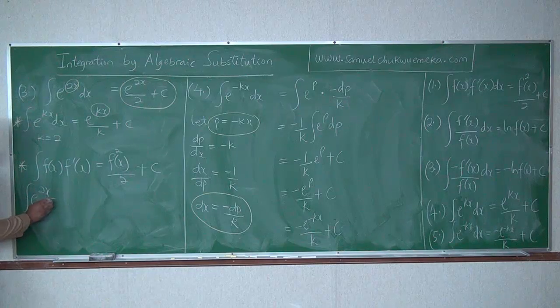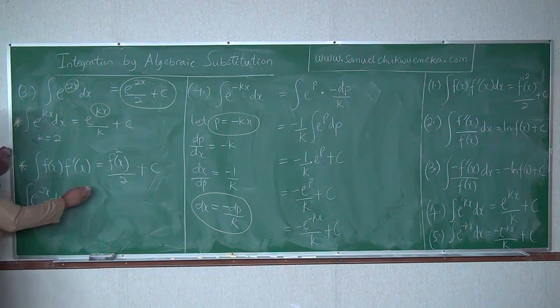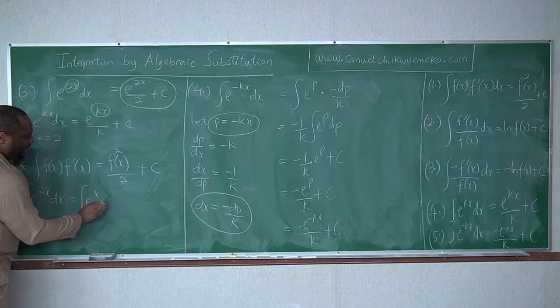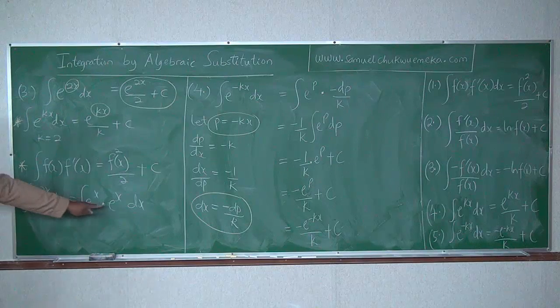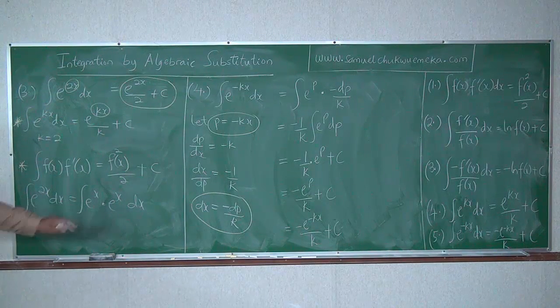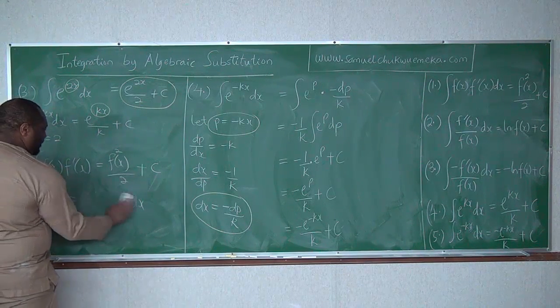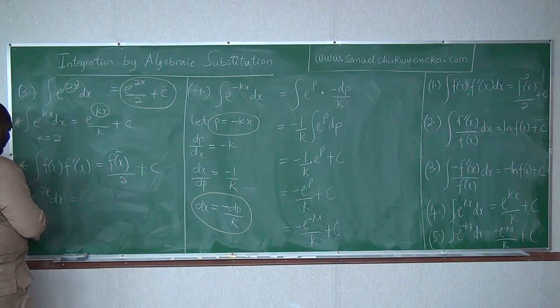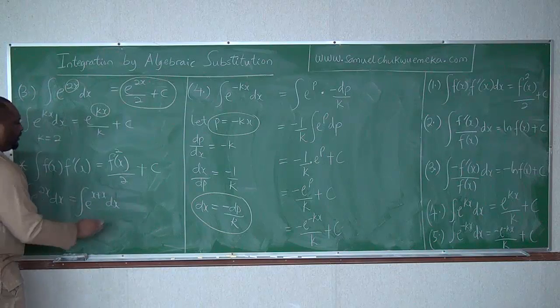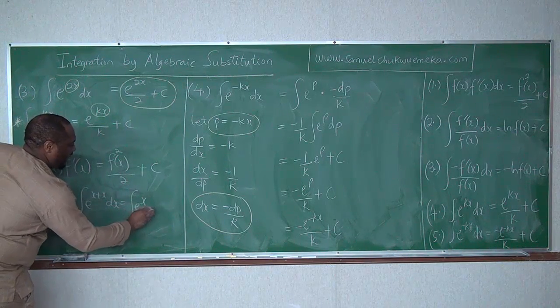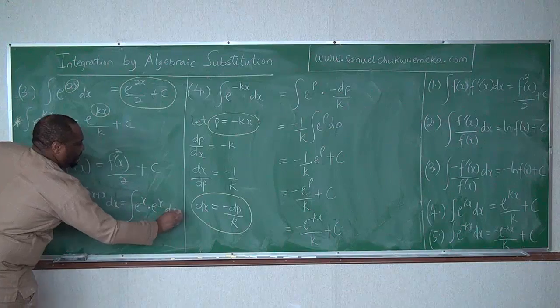From your law of exponents, e to the 2x is e to the x times e to the x, because this is e to the x plus x. So the integral of e to the 2x dx is the integral of e to the x times e to the x dx.